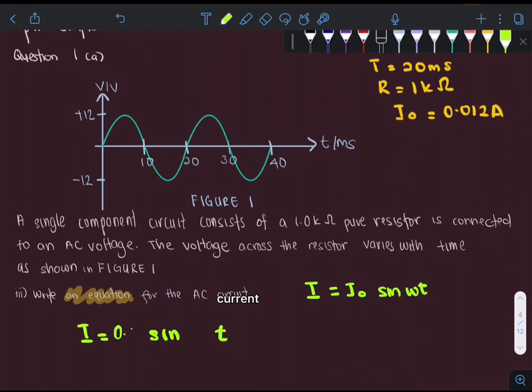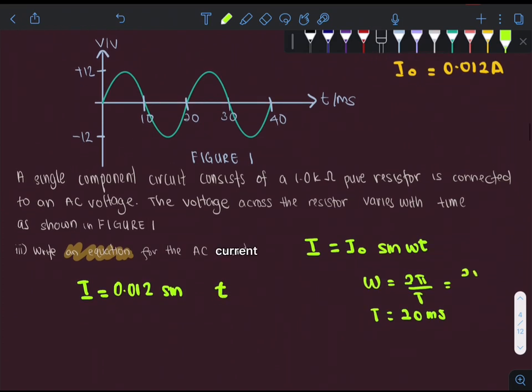So I'm going to substitute 0.012 into the equation, sine, and then omega. As you can see, we have not yet obtained any value for omega. However, we can find our omega as 2 pi over the period, where the period is given as 20 millisecond. So this now becomes 2 pi over 20 times 10 to the power negative 3.